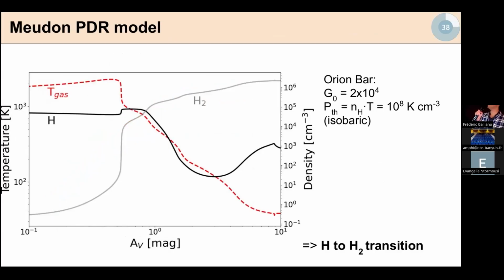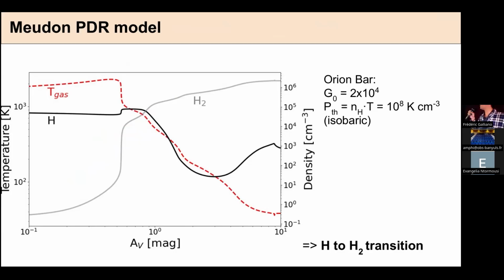Finally, we look into the PDR model, made by the Meudon PDR model, with physical conditions of the Orion Bar. Here we see the evolution of hydrogen number density with increasing visual extinction, or as we go deeper into the PDR.